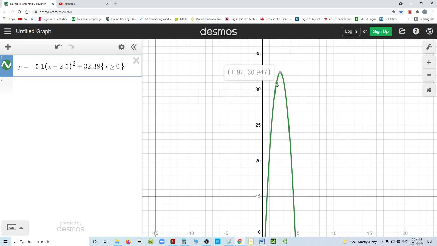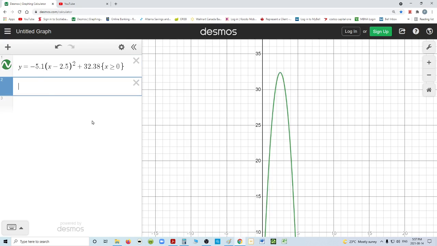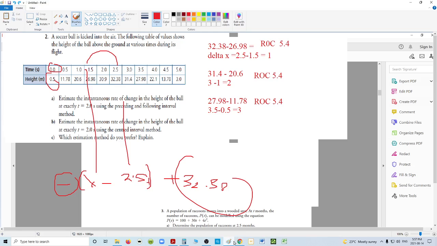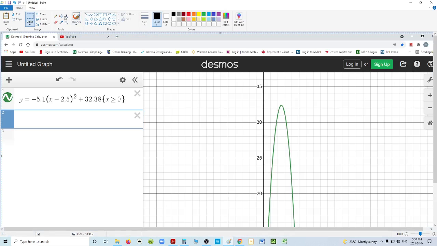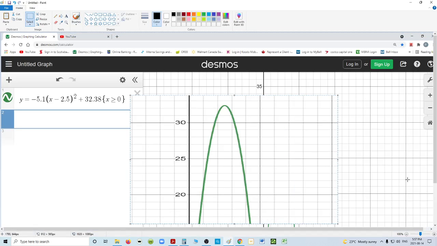Now, why did the average work better? I'll show you why. And I think I already explained it. Because if you look at this here, and I'll just expand it like that because it's easy.